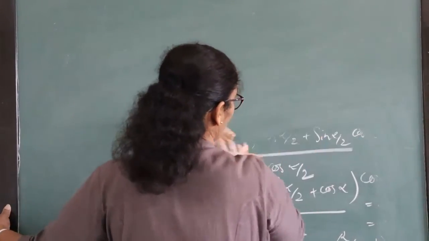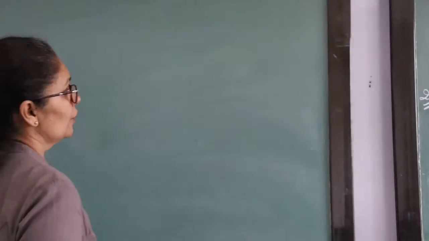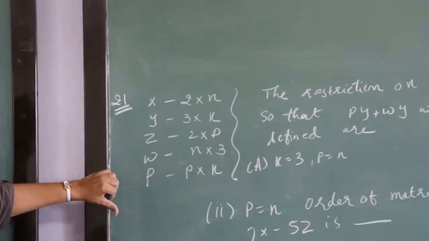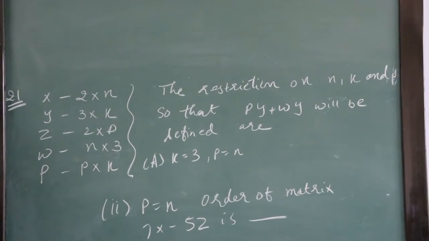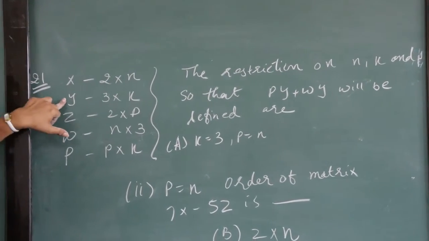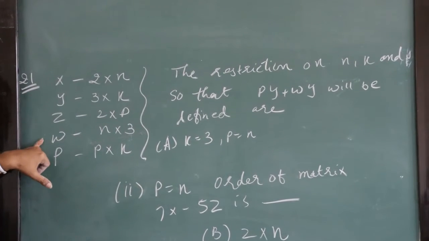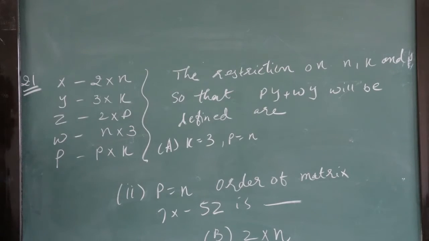And now I will explain the last MCQ of this exercise. Now, in this MCQ, your question is this one. You are given the first matrix X, matrix S is 2 by n, matrix Y is 3 by k, matrix Z is 2 by p, matrix W is n by 3, and p is p by q.